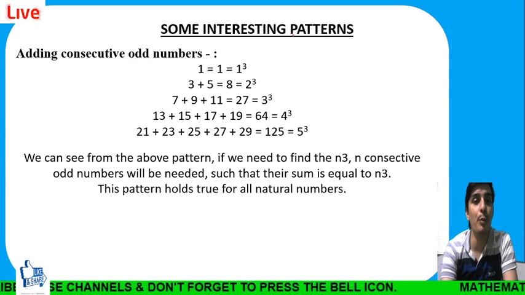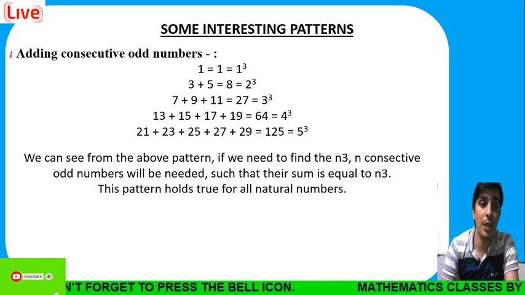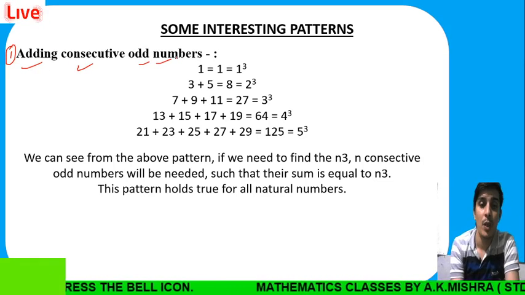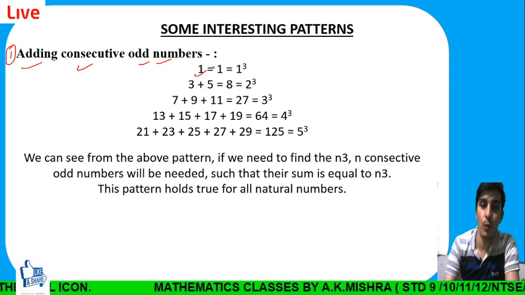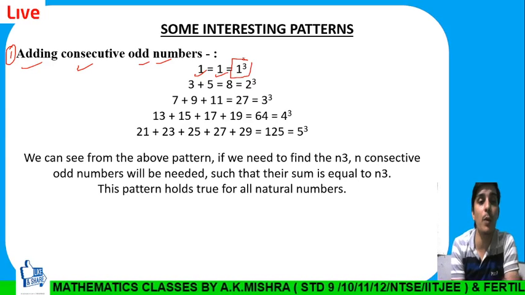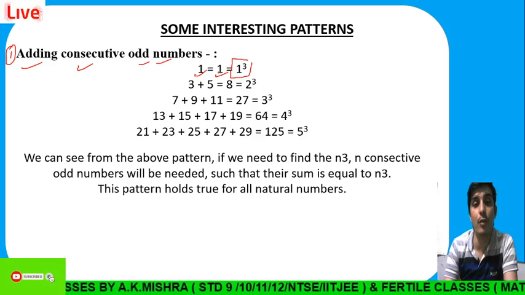So the first interesting pattern is adding consecutive odd numbers. We know that the first odd number is 1, and 1 is the cube of 1, because the cube of 1 is 1.